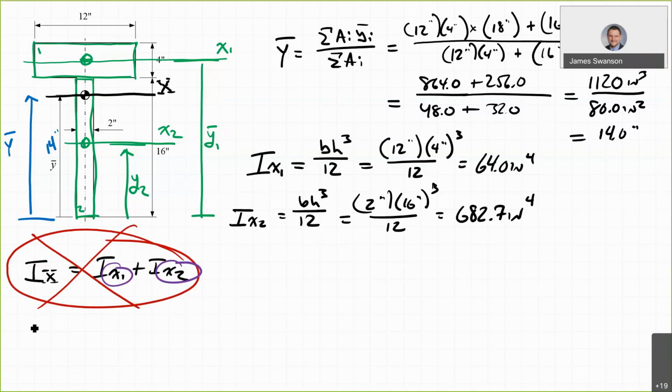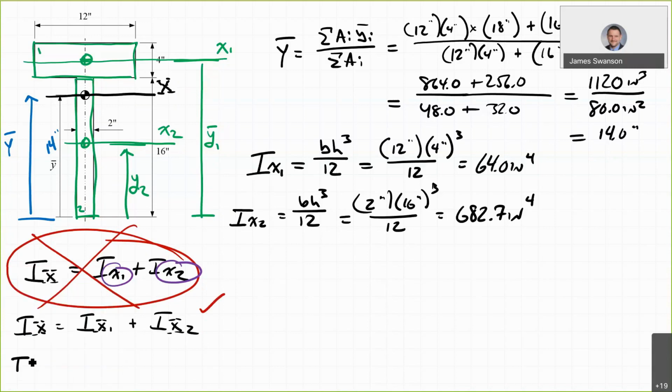We could say that the moment of inertia I big X is equal to the moment of inertia of subarea 1 about the big X axis, added to the moment of inertia of subarea 2 about the big X axis. So this is correct. This will work. What we need to do is use the parallel axis theorem.